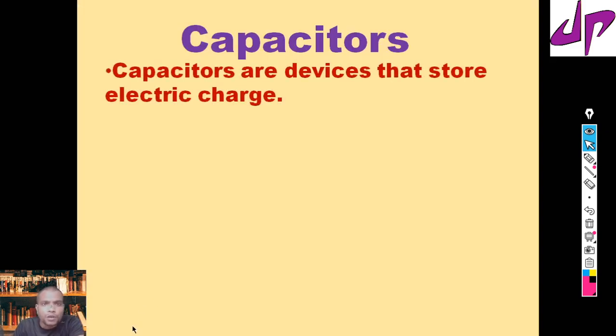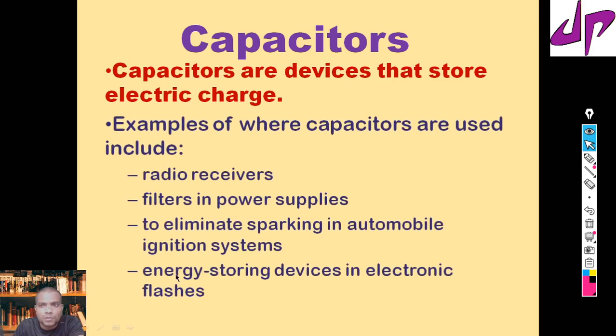Let's define the capacitance of a capacitor. Capacitors are devices that store electric charge. Let's see certain examples where these capacitors are mostly used. Capacitors are widely used in almost all electrical circuits, and they are energy storage devices.